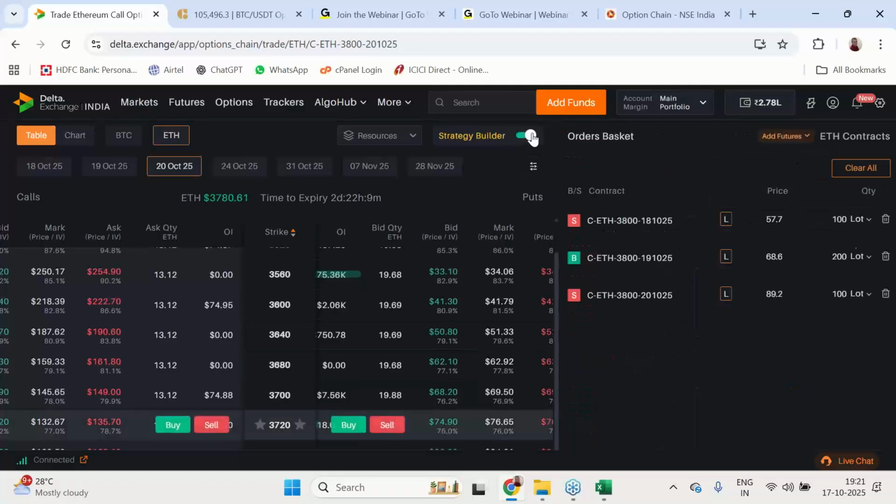Any strategy you take, it is very important to monitor your risk level. If you have taken a risk level of 60, 70, 80%, then be sure that overnight that trade can be closed by the exchange without informing you, because that will trigger the risk side.